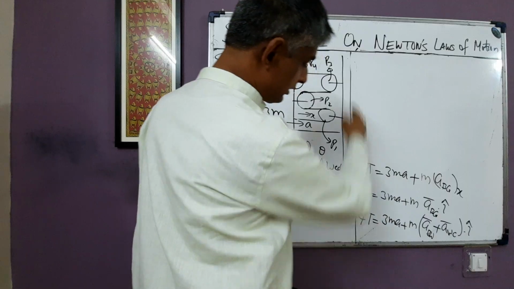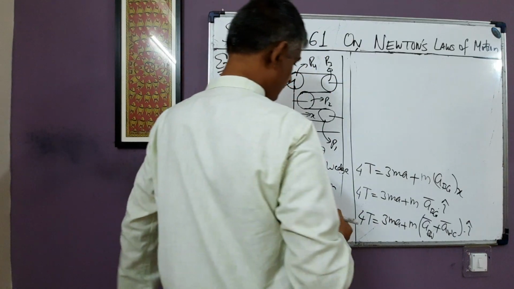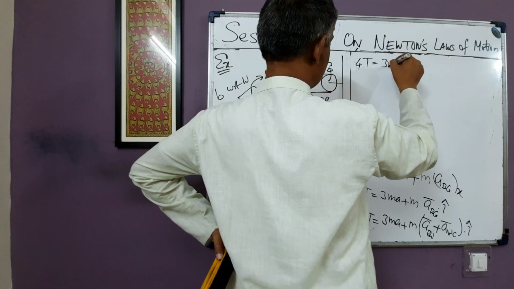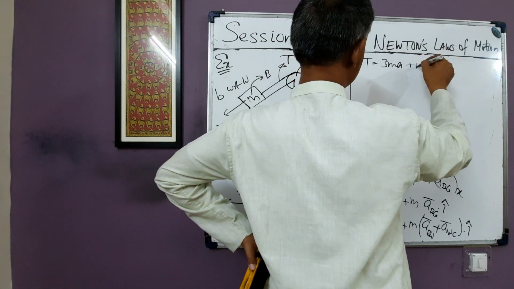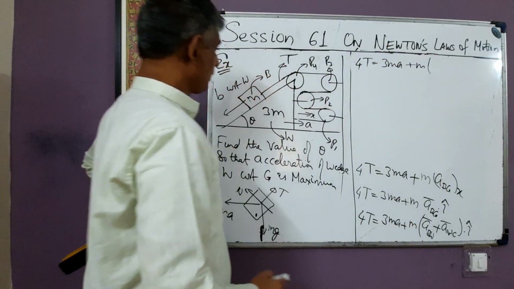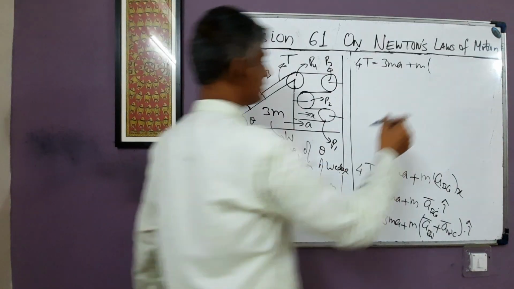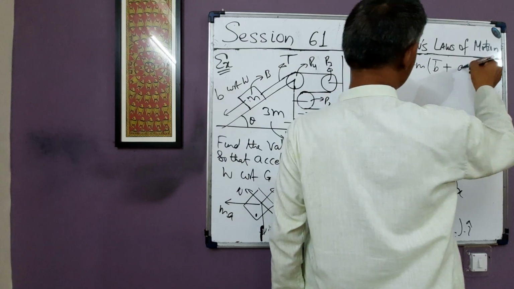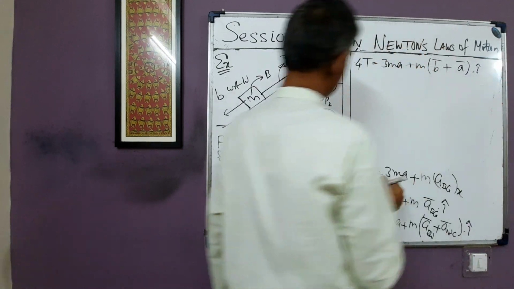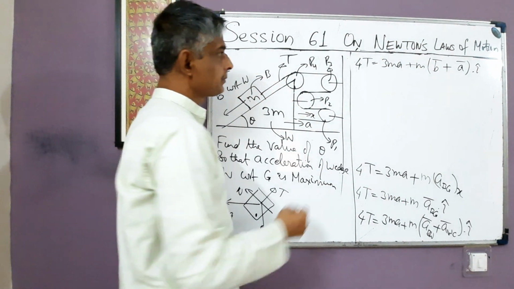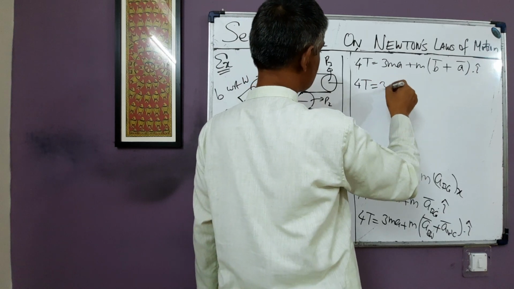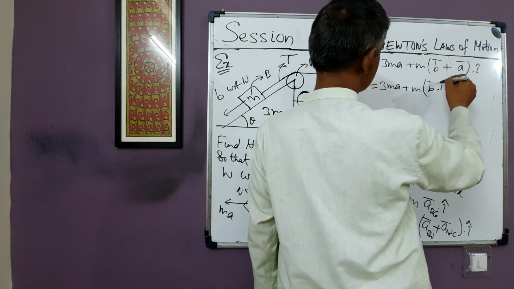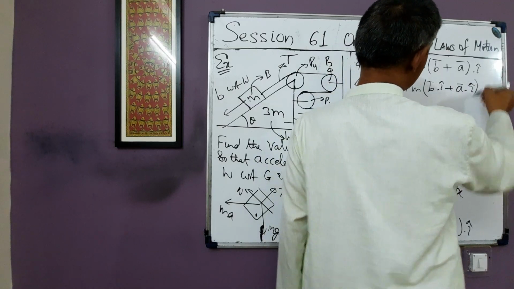So 4T becomes 3ma plus m times what is ABW? Acceleration of block with respect to wedge, which is nothing but vector B itself, plus AWG, which is nothing but vector A itself, and i hat is a unit vector along x-axis, rightward direction. So 4T becomes 3ma plus m times, from distributive law, this becomes B dot i hat plus A dot i hat.